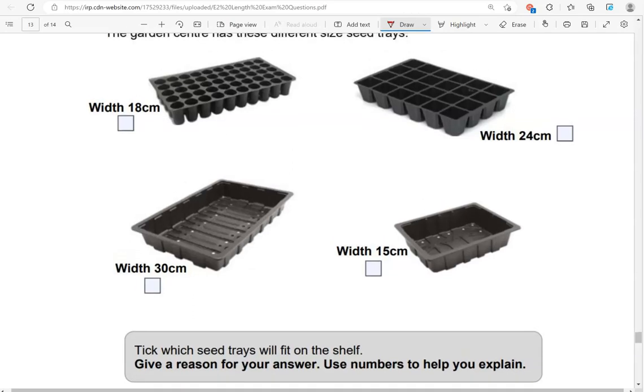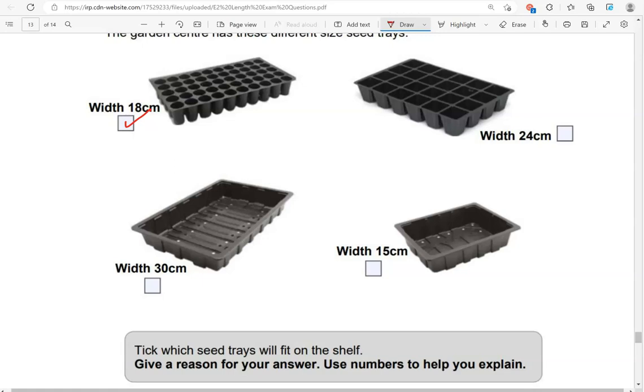So the width of the shelf was 23 centimetres. So we're looking for a tray that is 23 centimetres or narrower. So we're looking for numbers that are 23 or below. Width for the first one is 18 centimetres and that is below 23, so that's a possible answer. For the second one, width is 24, which is greater than 23, so we can't tick that.